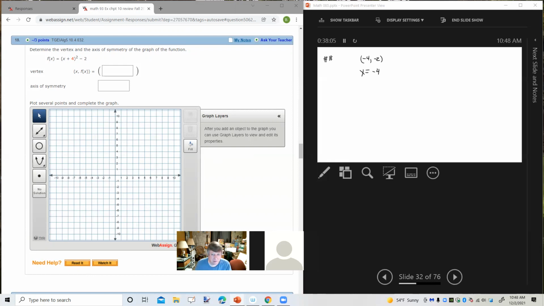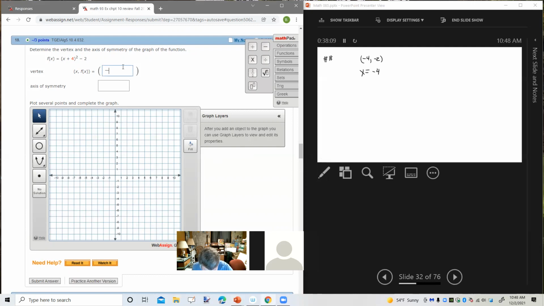Okay. Any questions about that? So this is (-4, -2). The axis of symmetry is at x equals -4. Okay. Now, graphing a parabola, graphing a second degree equation or a quadratic equation.